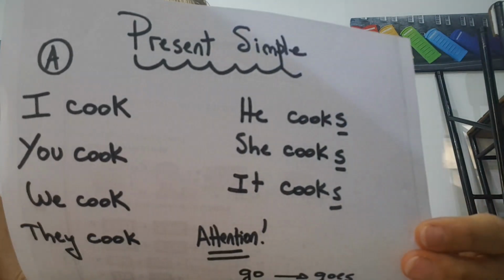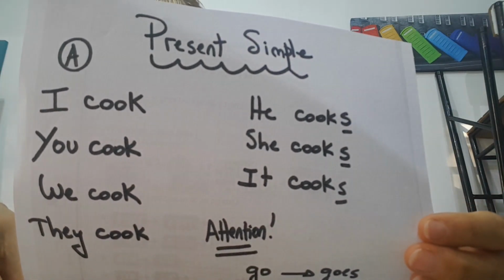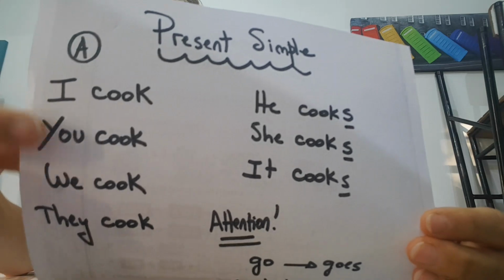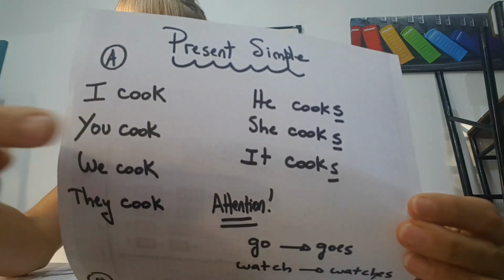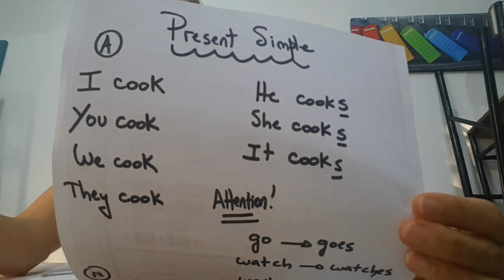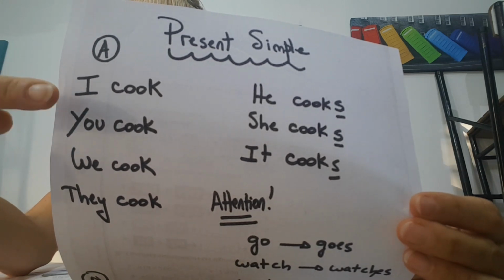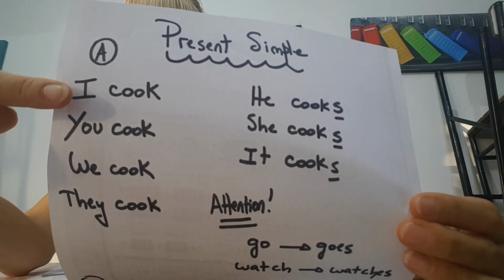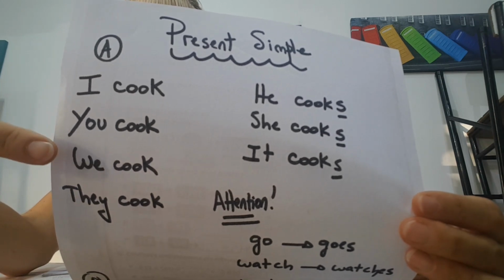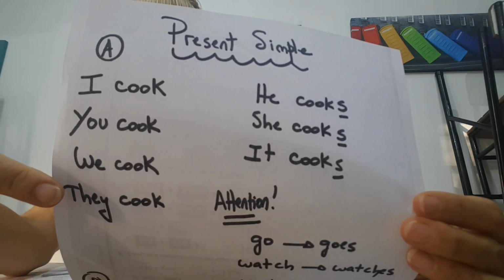So, the simple present, yes, we use it for routines. We use the pronouns with the verbs. Here I use the verb cook for the example. So if I say I cook, you cook, we cook, they cook.